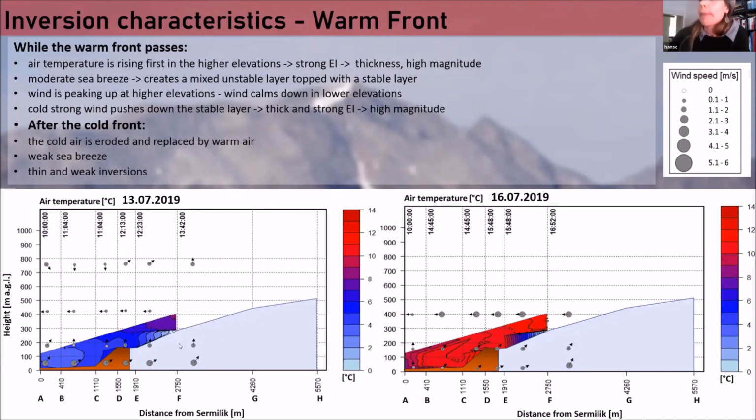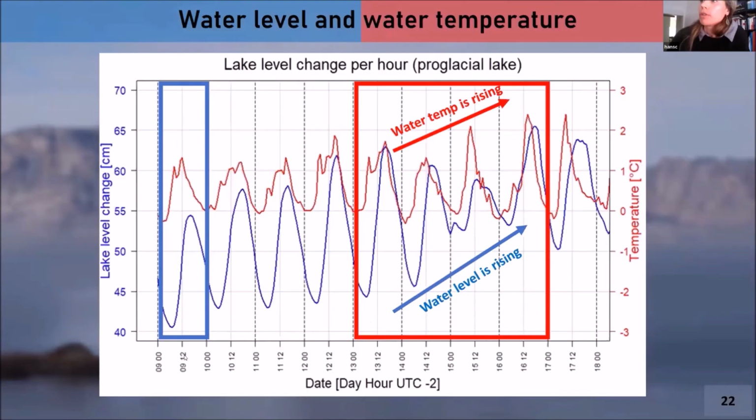The effect of the warm front is also observable in our water level data and water temperature data. We can see here a clear rise in the water temperature, and also the water level is rising quite a lot.